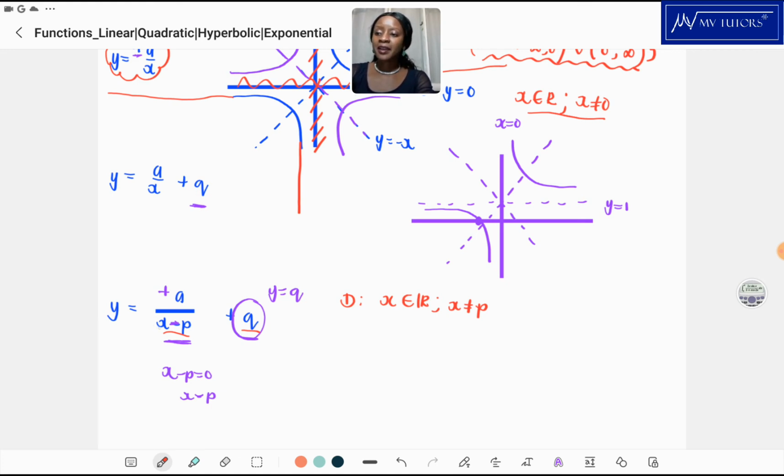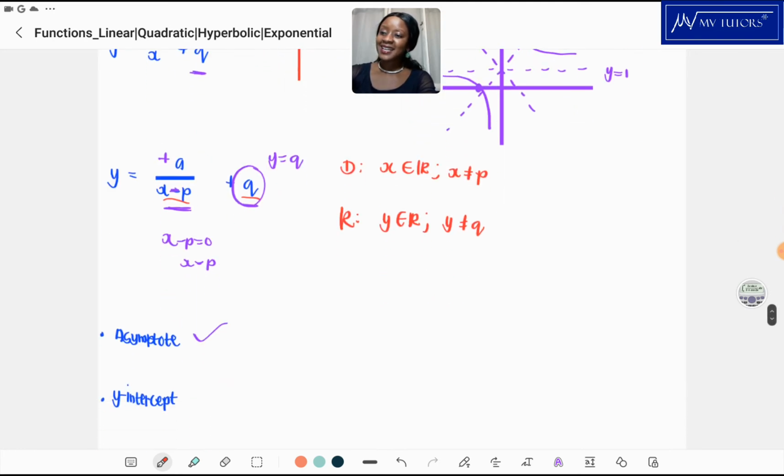Because if I have p minus p, I would have a over 0. And if you put that in your calculator, you would get math error. So that is why x cannot be equal to p. And for the range, you could say that y is an element of R, and also that y cannot be equal to q.